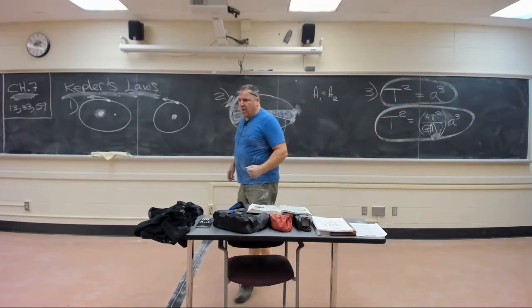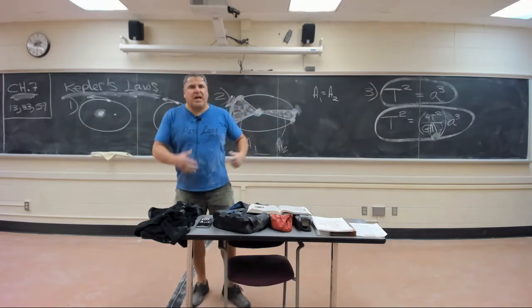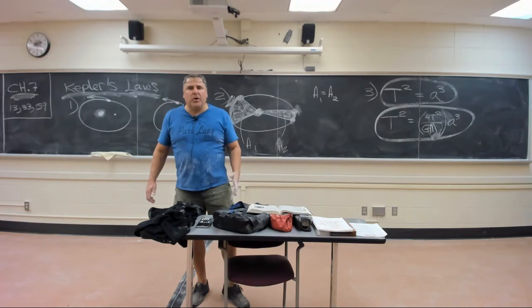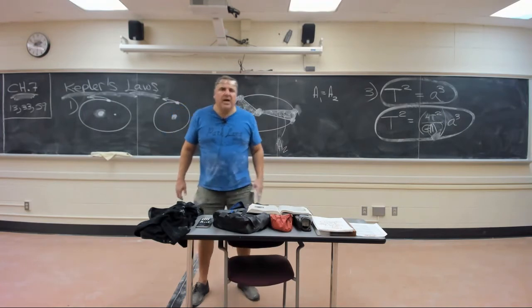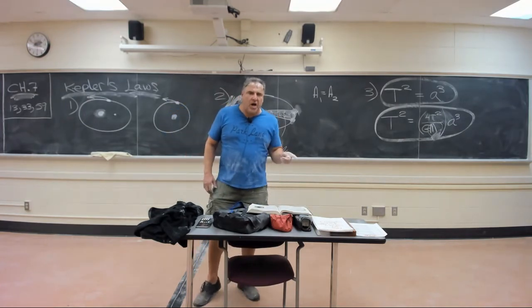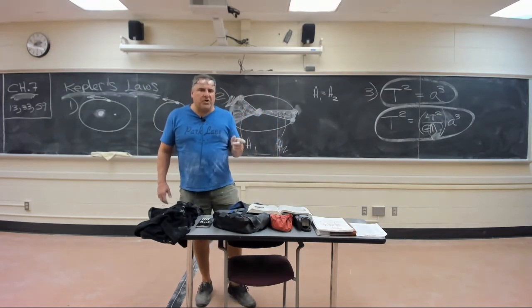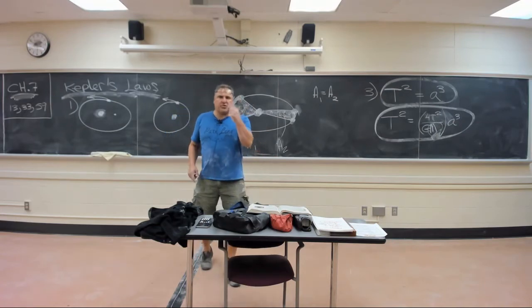What's 1 meter? 100 centimeters. What's 1 centimeter? 10 millimeters. They got to have a unit. Well, here's a unit for you. The distance from our sun to our earth is one astronomical unit.